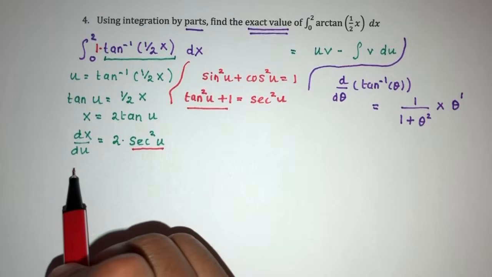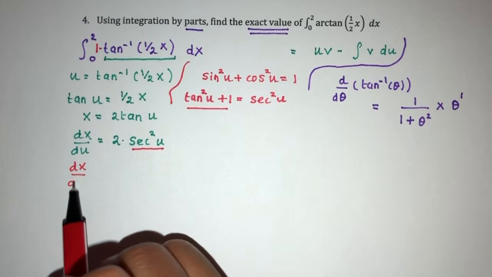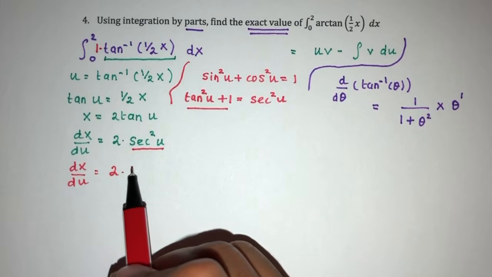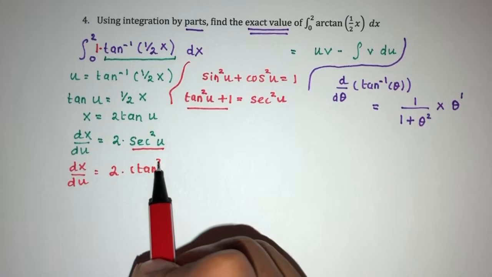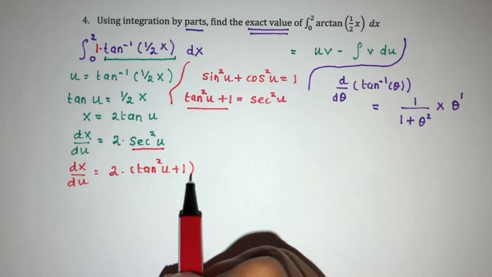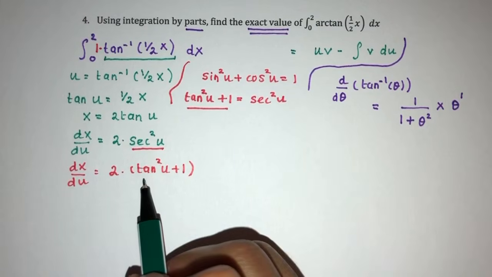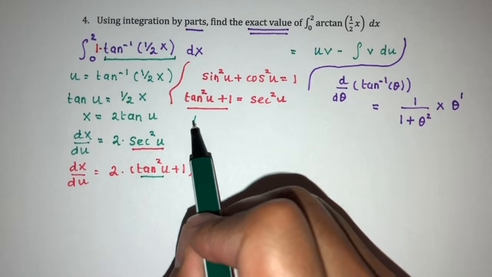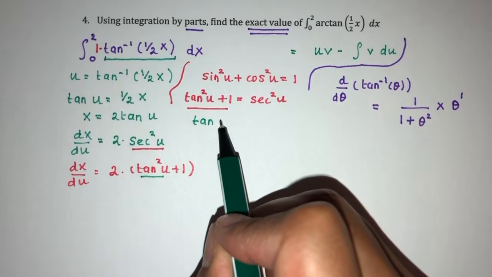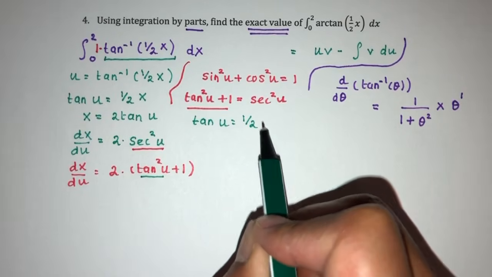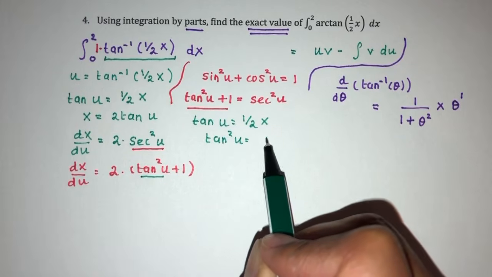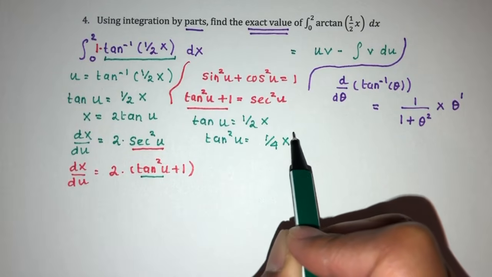So you will have dx by du to be 2 times tan squared u plus 1. Right, but now we know what tan squared u is. tan u, for example here, is equal to half x. So tan squared u has to be 1 over 4 x squared.